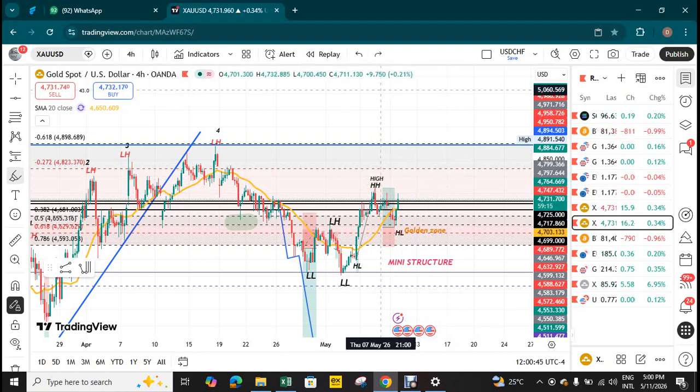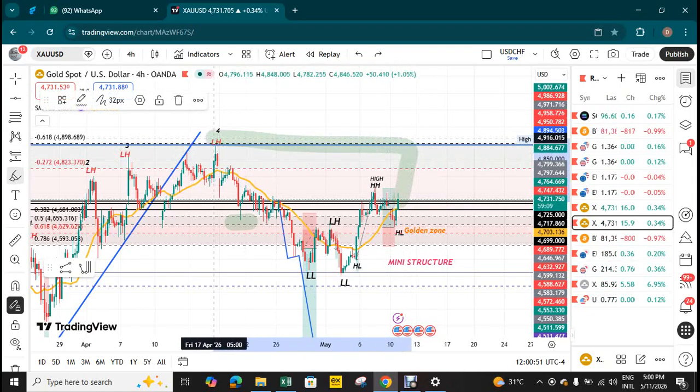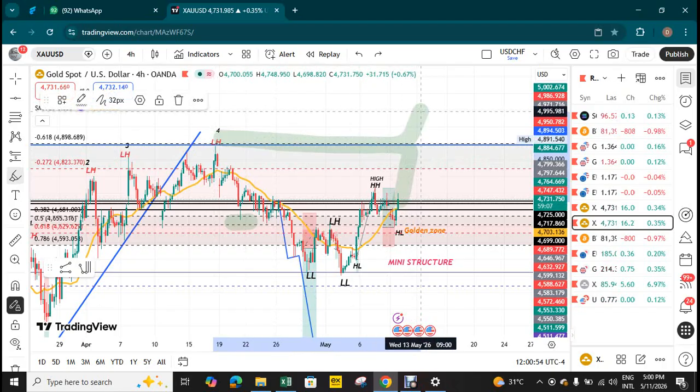But if the market does what it wants, because market always does whatever it wants, so if price decides to go up, cross this level, invalidate this lower high, give us a new lower high, then price needs to come down into the golden zone on the bearish side, because now overall it's on the bearish side. And what happens?